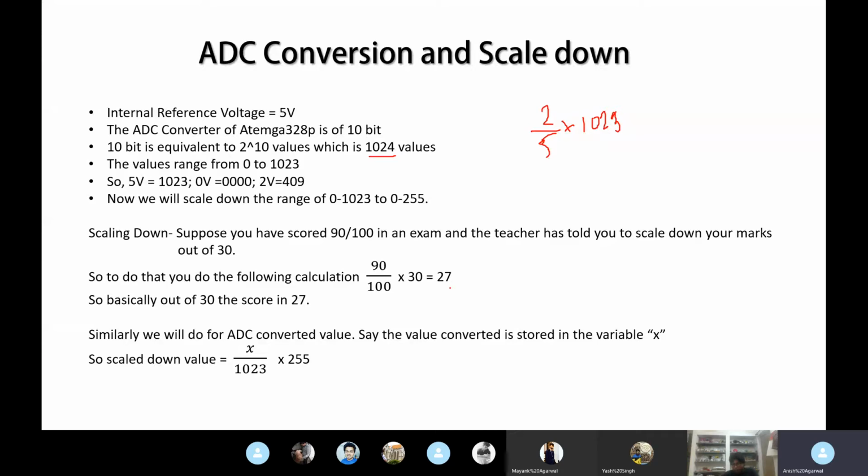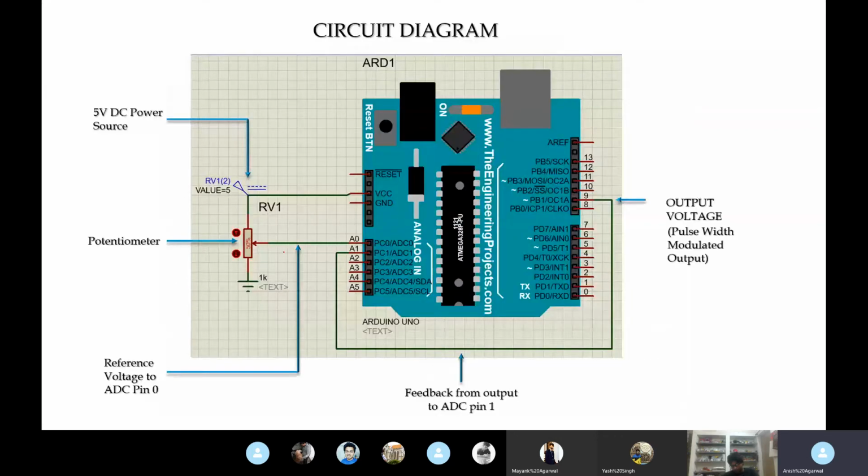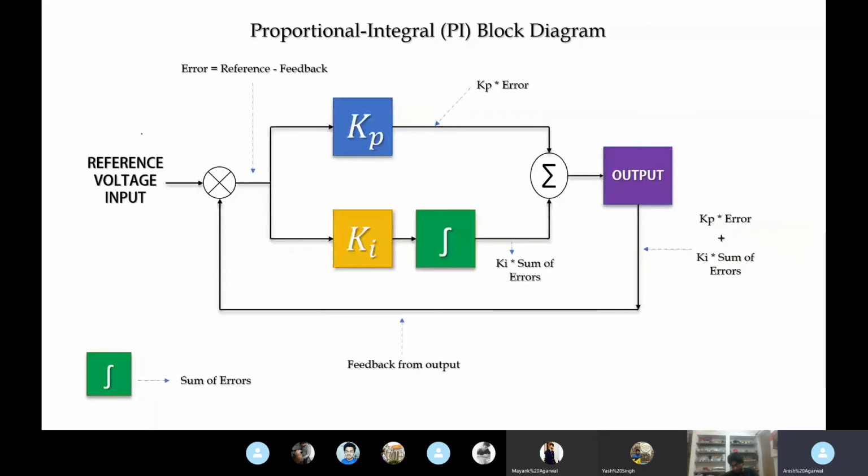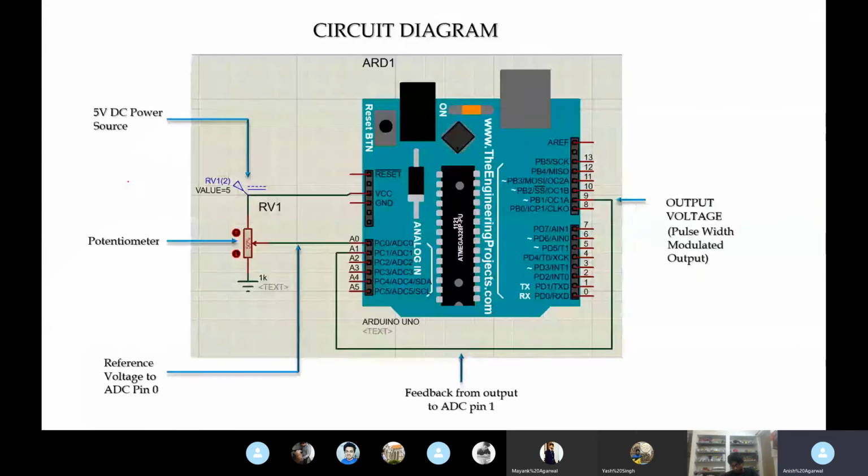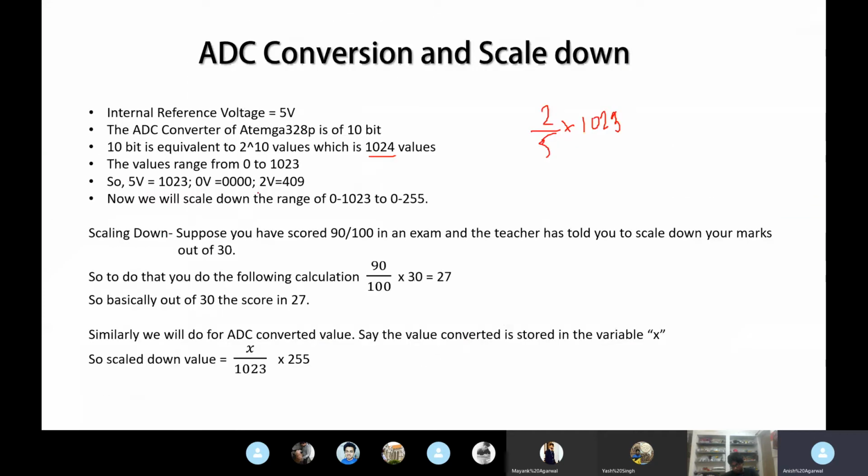Similarly, for the reference voltage that we are giving from the potentiometer, instead of taking what we have got out of 1023, suppose we give 2 volt.